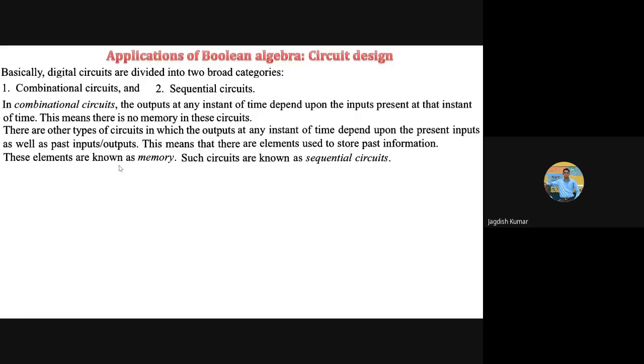Those kinds of circuits are called sequential circuits. I hope this is clear, or is there any question from this part? Please ask. No question? Well, if no question, then let's move to the next.